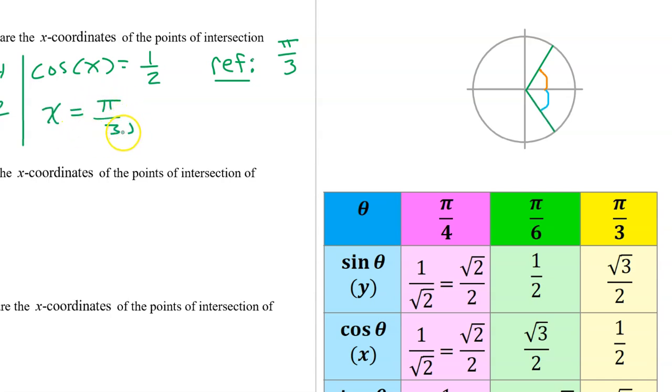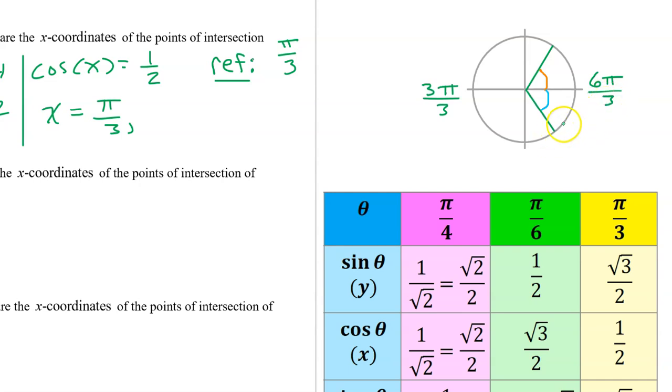So that's one solution. The angle in quadrant 4 that has a reference angle of pi over 3, well, what is that called? This angle right here is pi, but looking at the reference angle, we can think of it as 3 pi over 3. Doubling this, we can think of 2 pi as 6 pi over 3.